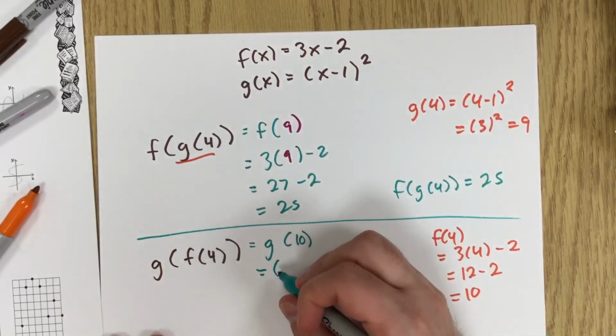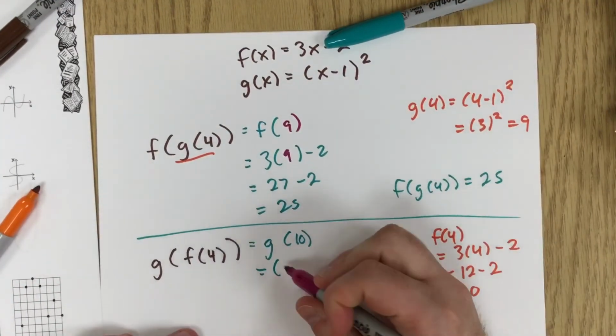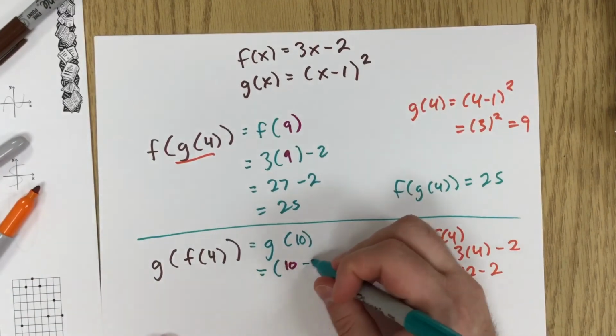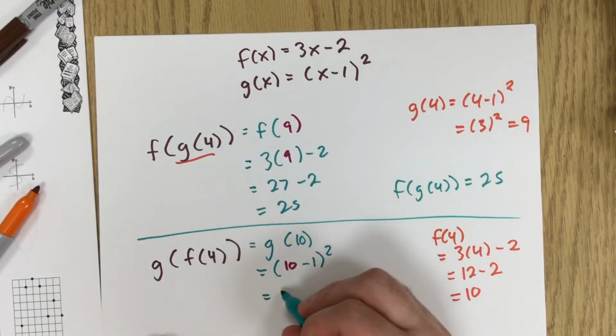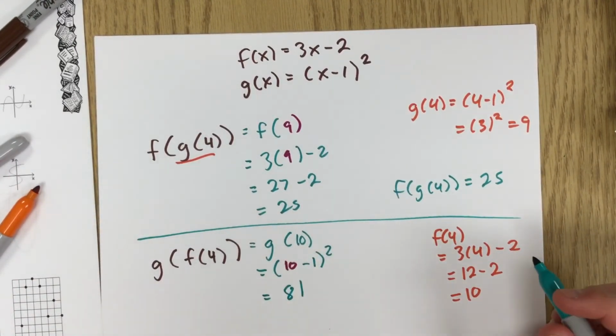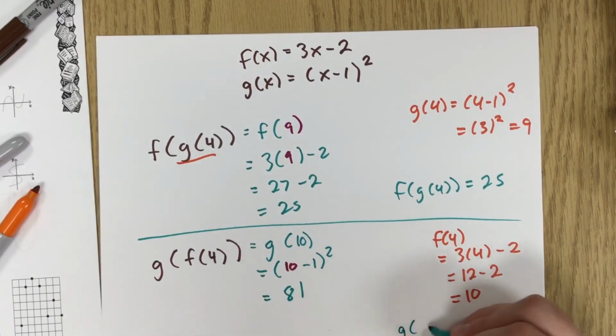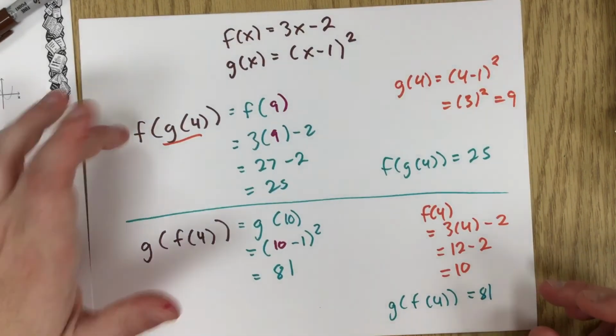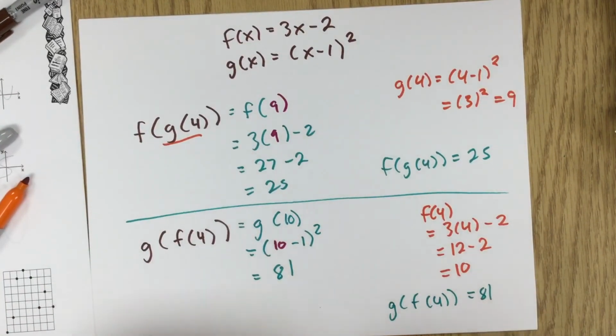And g of 10 is going to be, we plug in a 10 now for the x. 10 minus 1 squared, which is 9 squared, which is 81. So g of f of 4 is 81. And as you can imagine, these type of things could get pretty interesting.